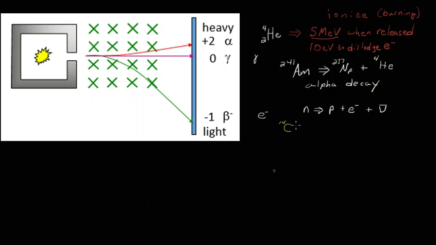Carbon pretty much wants to get rid of those, and so it will go through beta decay by emitting an electron plus this particle, a neutrino. And I'll talk about that in just a second.